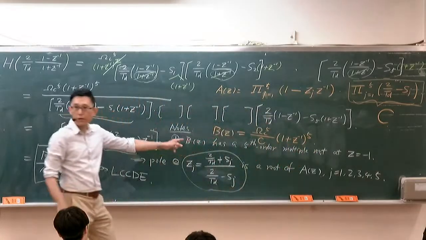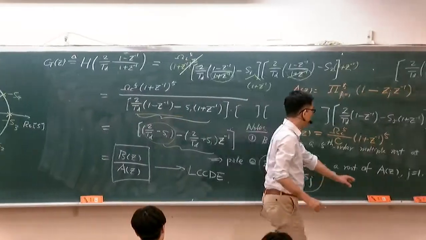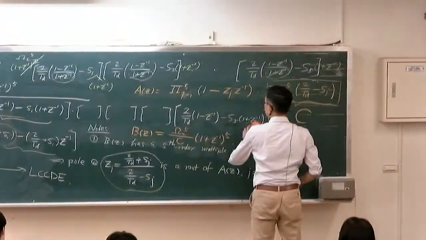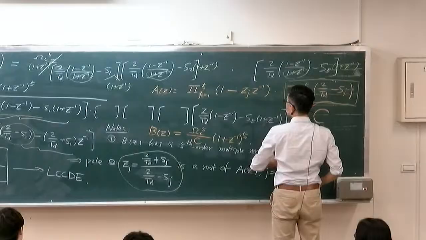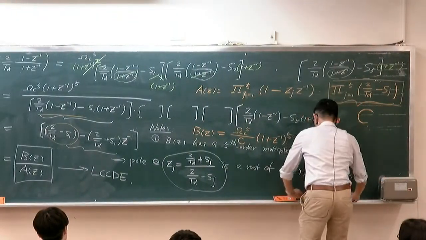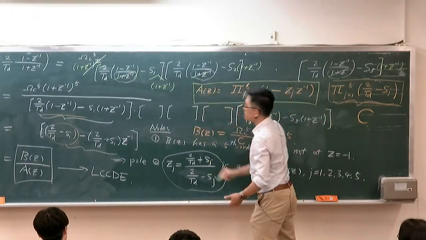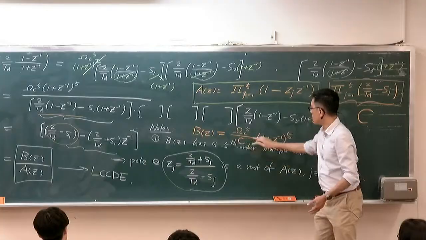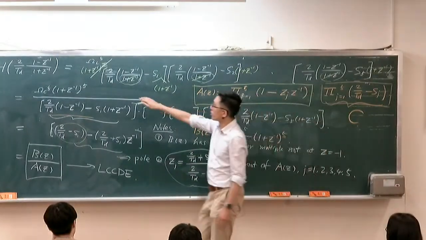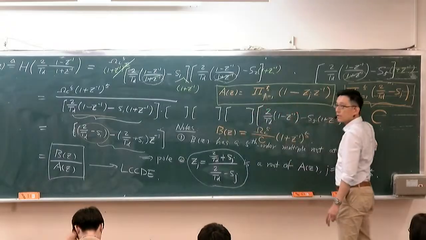That's the final form of B of z. A of z is this, and B of z becomes omega_c to the fifth power, the original B of z, divided by this constant.